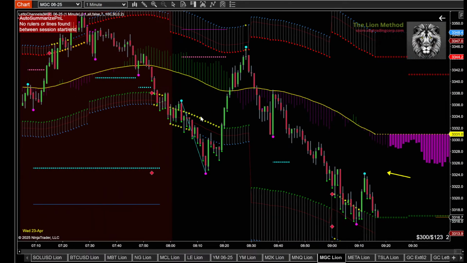So not only do we know the range of prices which are overbought or oversold levels, but it also shows that on average, price is usually above the 100 here. So historically, at this time of day, from roughly 7:45 here until 8:25 or so, price has been above the 100.